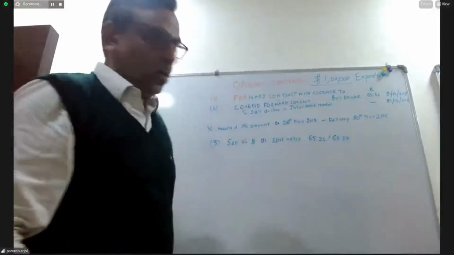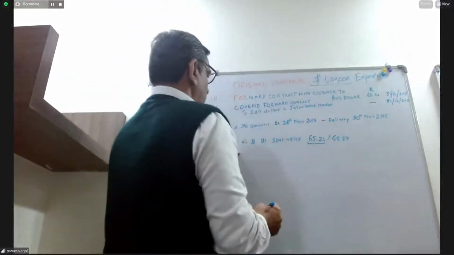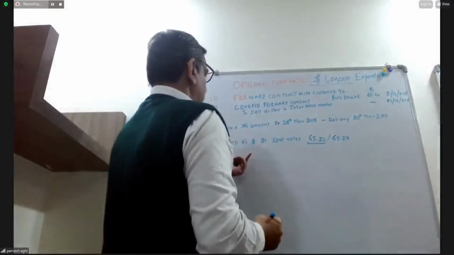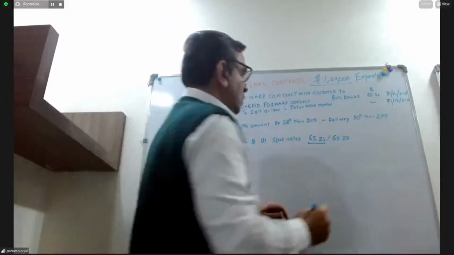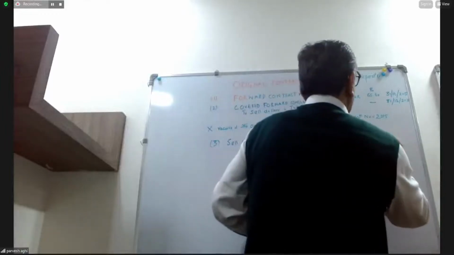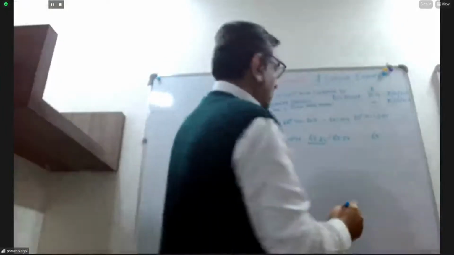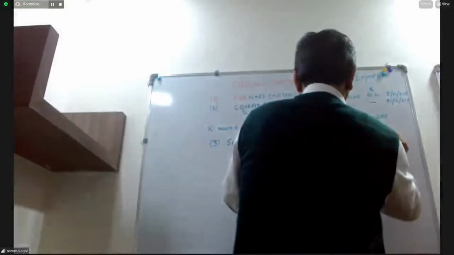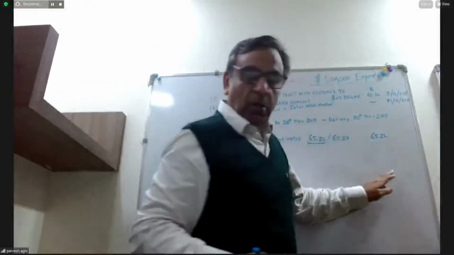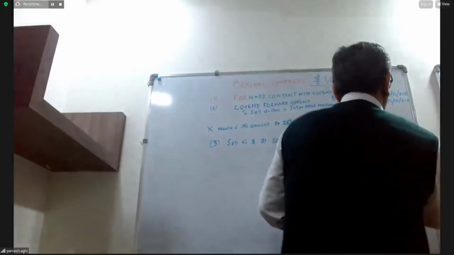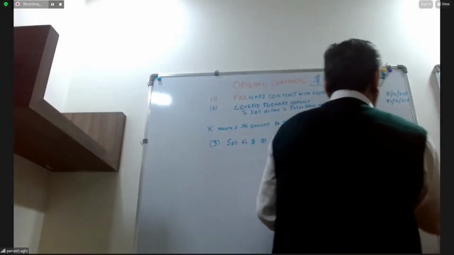Fine. So what rate will be applicable? The bid rate, because the bank is going to sell at the spot rate. So this is going to be 65.27. On which date? On 28th of November 2015.